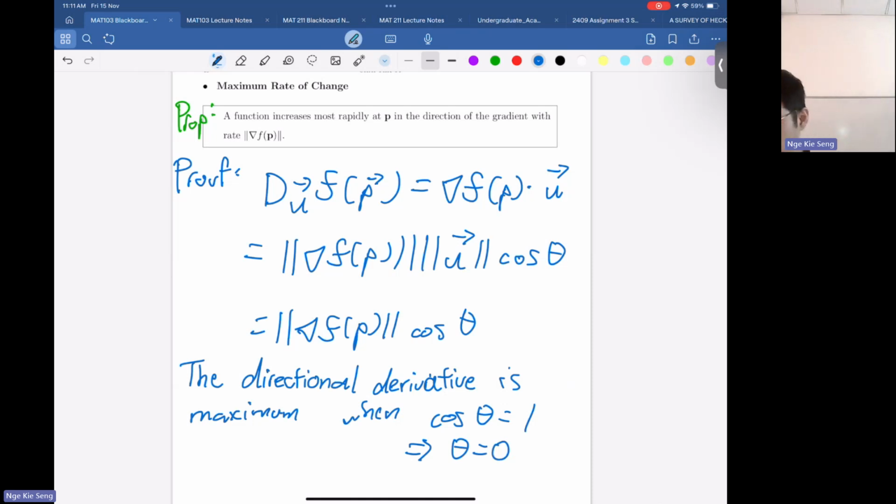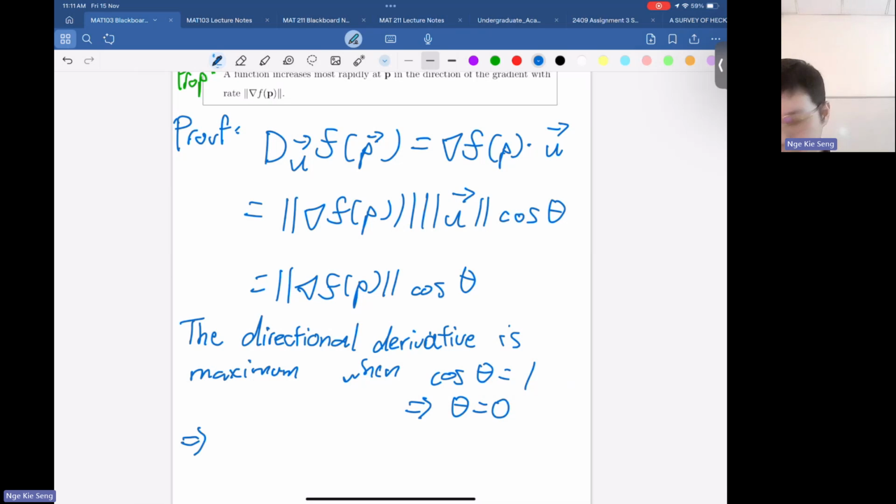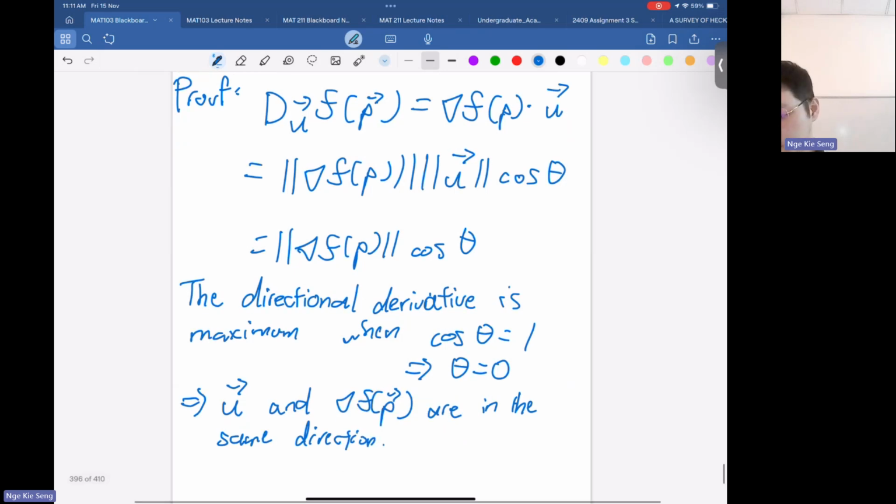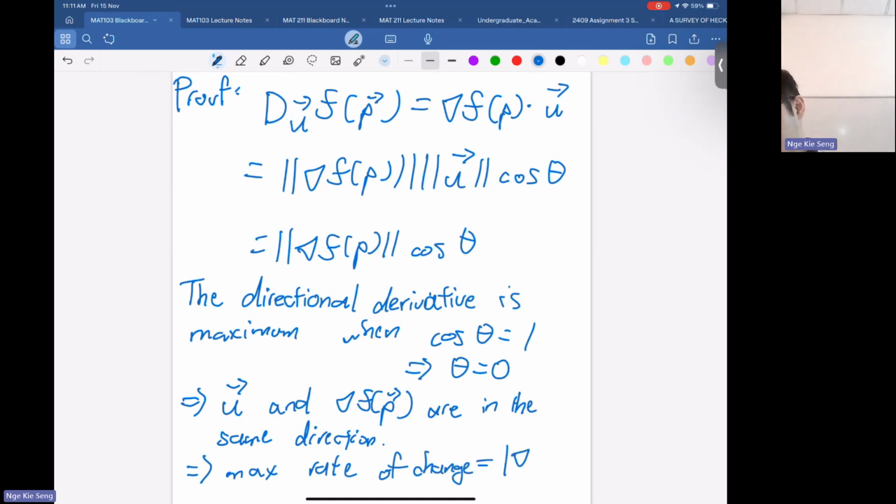Okay, and this implies that u and delta f(p) should be in the same direction. And what is the maximum rate of change here? The maximum rate of change is just the length of your gradient vector.